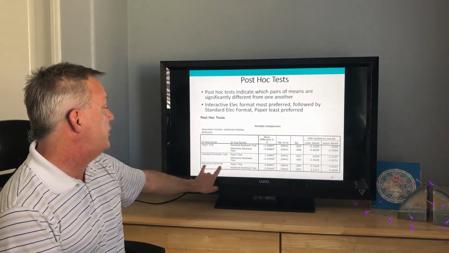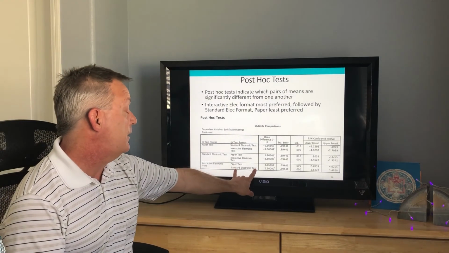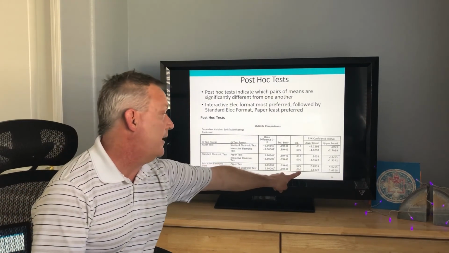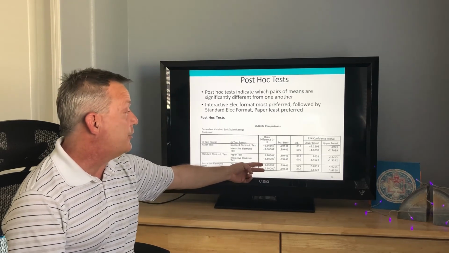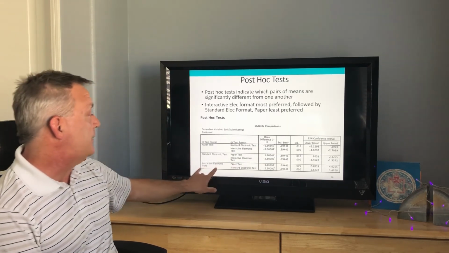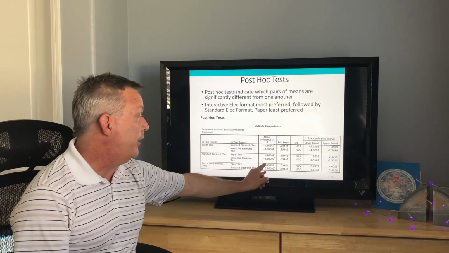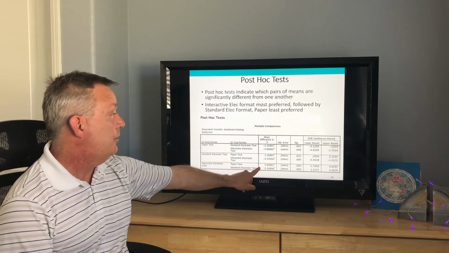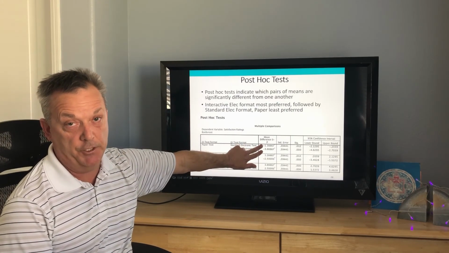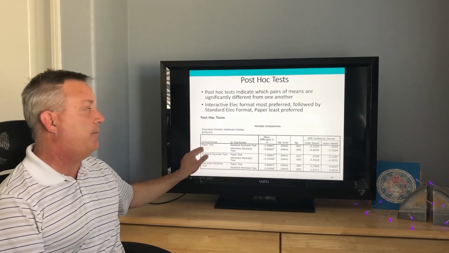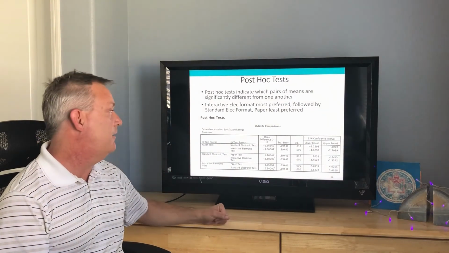And there's also a difference between the interactive electronic text and the standard electronic text, which is 0.000. So you can see the significance there. And these are plus values, which means that this is bigger, right, than those two. In the paper text, you have minus mean difference values, which means, paper text, not as good, right?